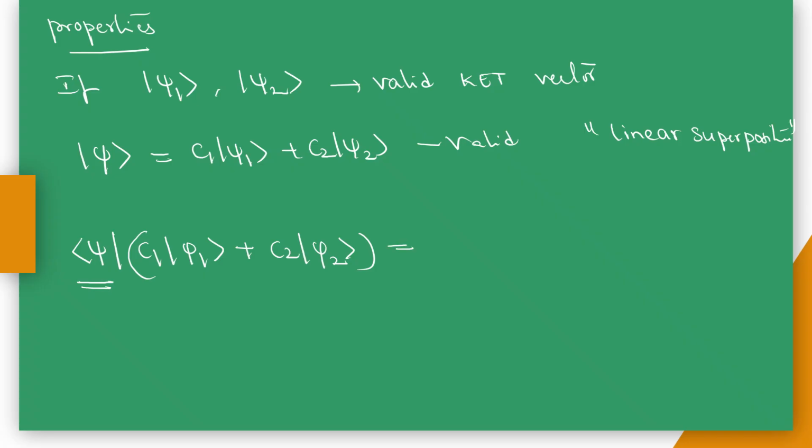So the inner product between these two is also linear. For example, C1 times the inner product of psi and phi 1, plus C2 times the inner product of psi and phi 2. So it also follows linear superposition, the inner product is linear. Similarly, the outer product is also linear.